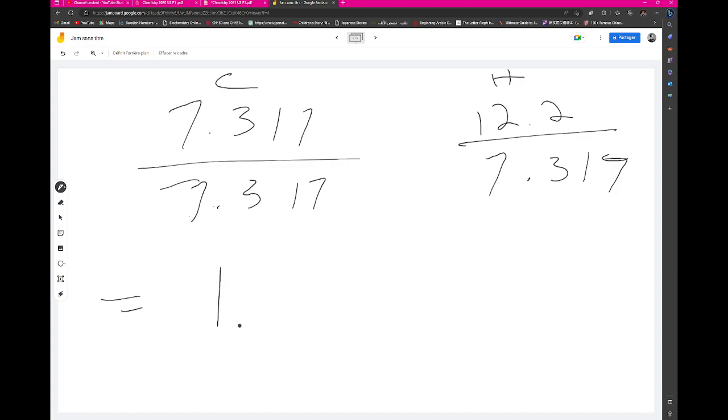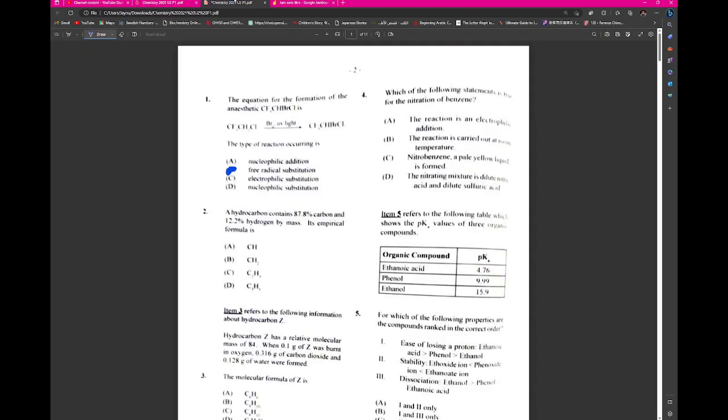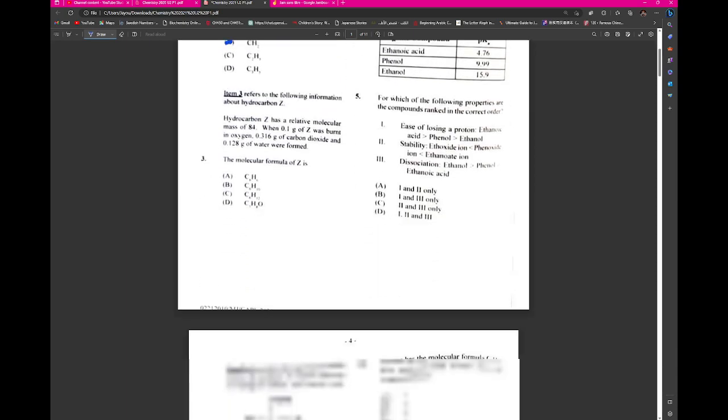We would have one carbon there. We have 12.2 divided by 7.317. What are we going to get? 1.6, which we can round up to 2. So here we have 1 carbon and 2 hydrogen. Hope that wasn't too long. And there we have B as the best answer.